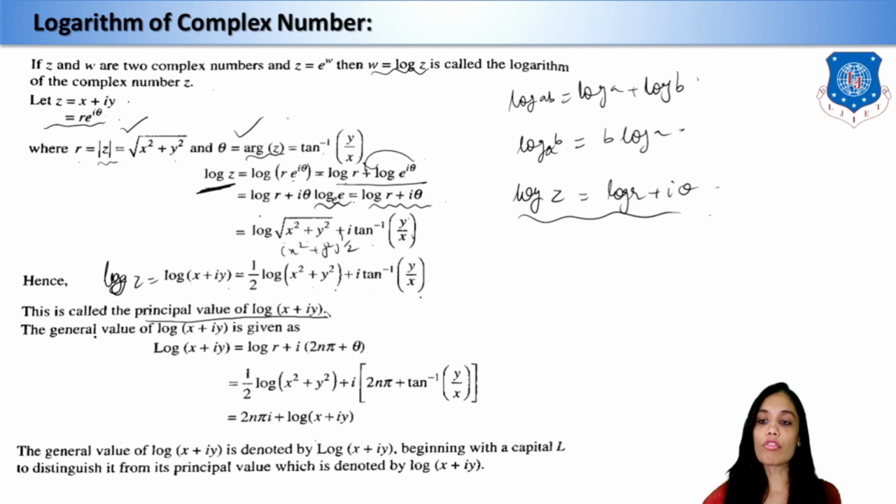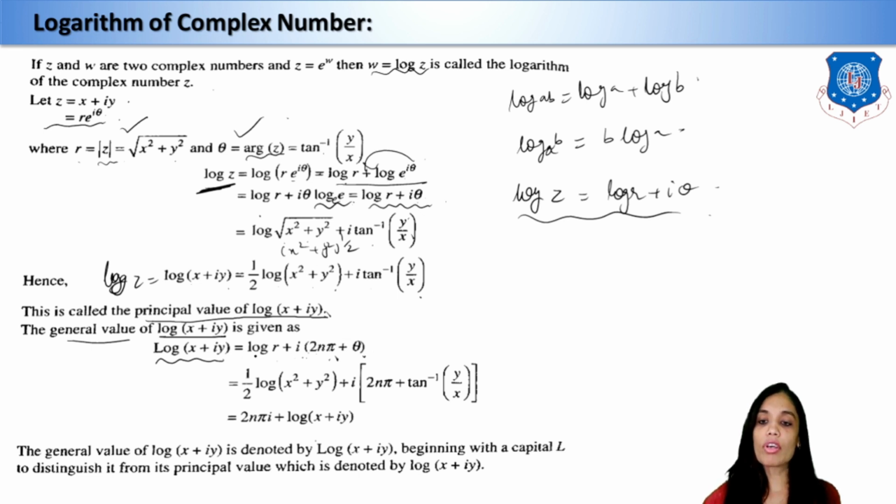Now let us study how to find the general value of log of x plus iy. It is denoted by capital Log of x plus iy, and that is equal to log r plus, whenever I want to find the general value, I have to add 2n pi, so plus i times 2n pi plus theta.